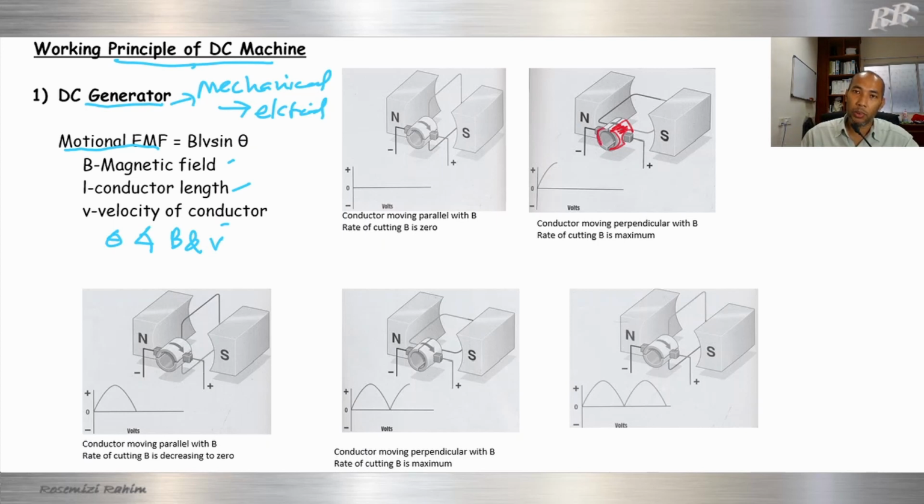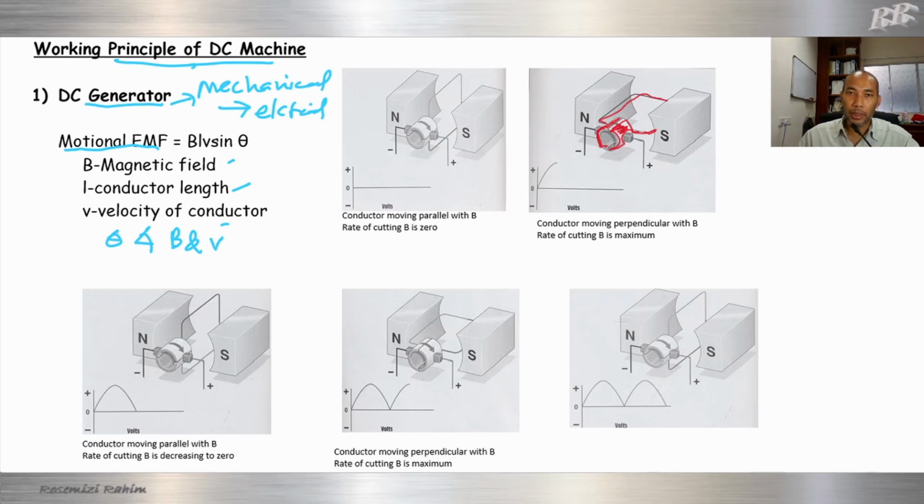So there are two half sides and two half slip rings. In this case we use just one coil only, so there will be a half slip ring for one coil. If we use two coils, there will be two pairs of slip rings. Each slip ring connects to a coil.